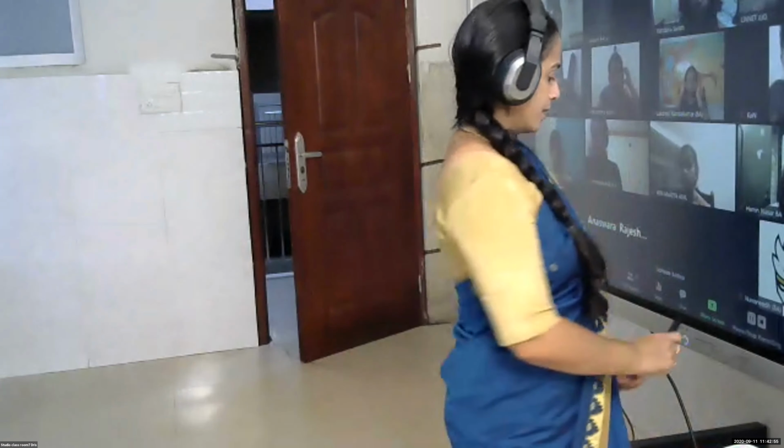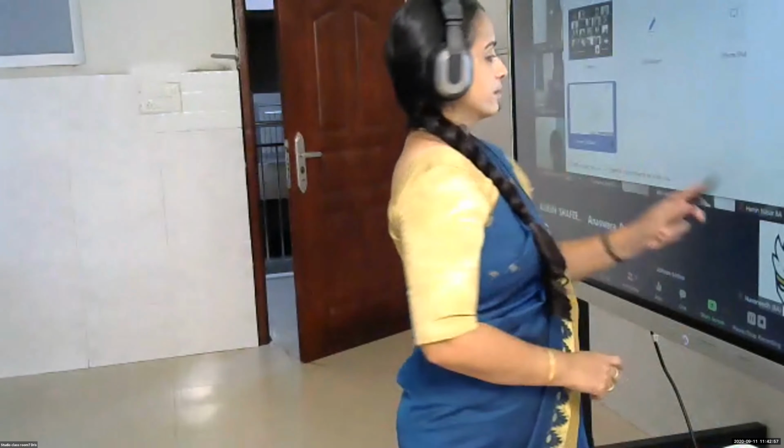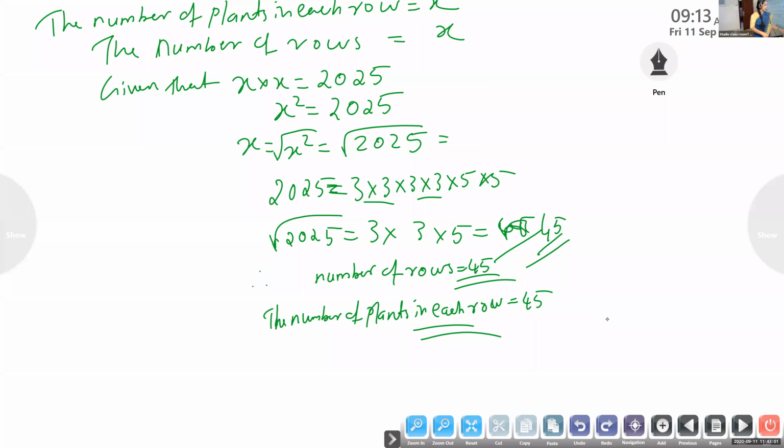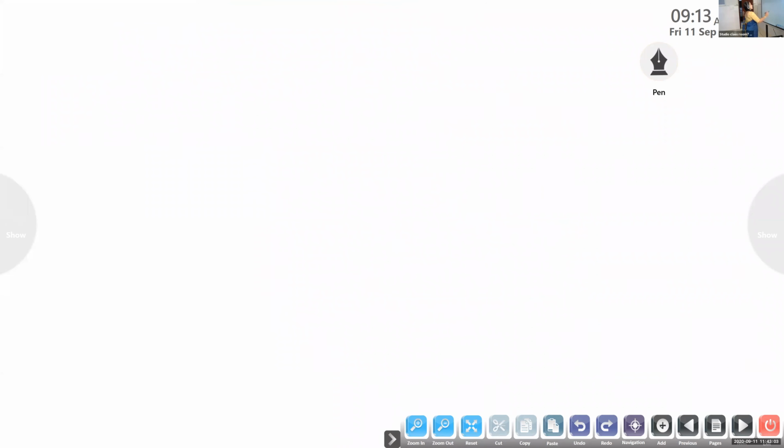So write the heading: finding square root by division method.